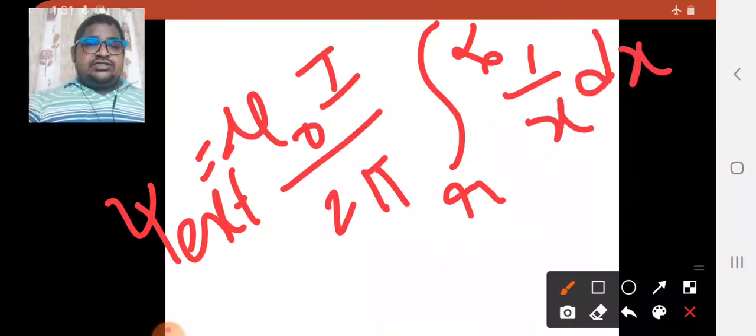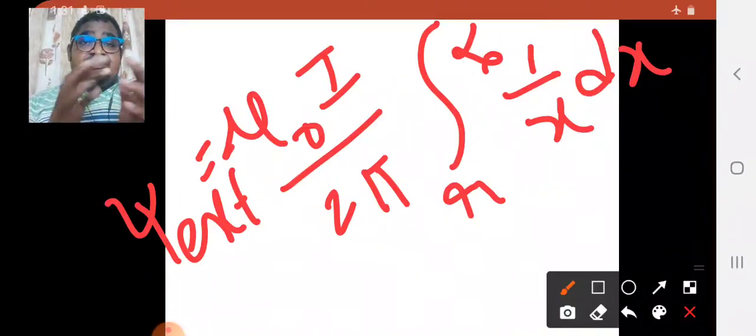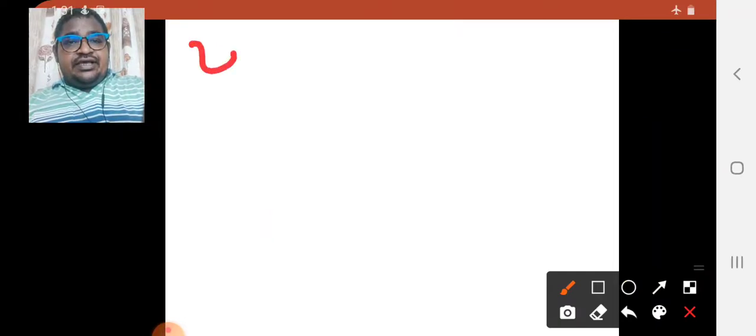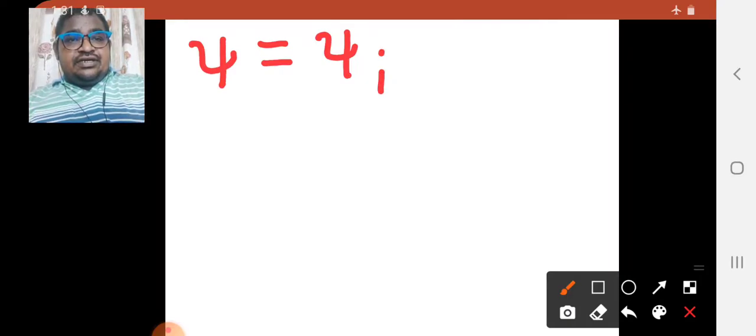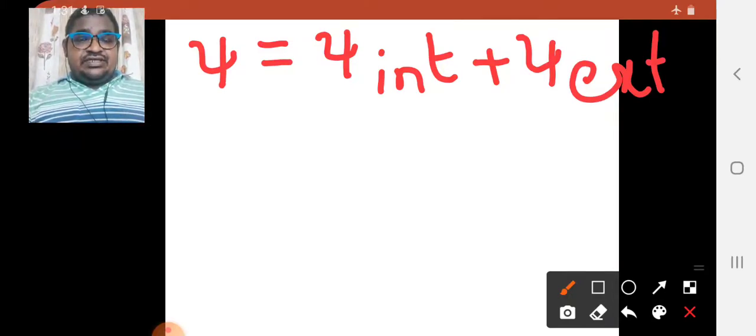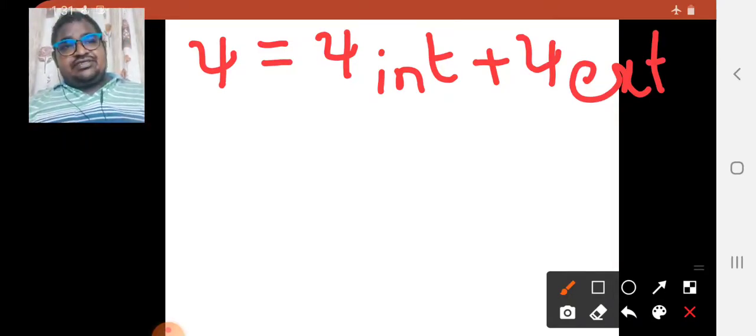Now, what is the total flux linkage of the conductor? We need to add these two. Psi is equal to psi internal plus psi external, that is internal flux linkage plus external flux linkage.